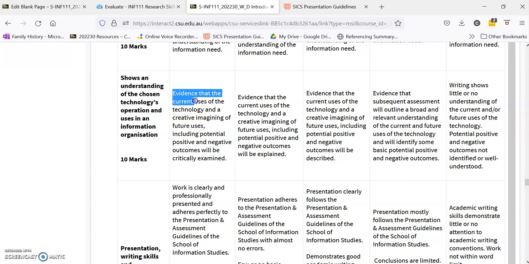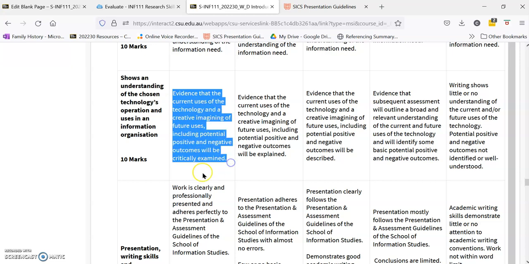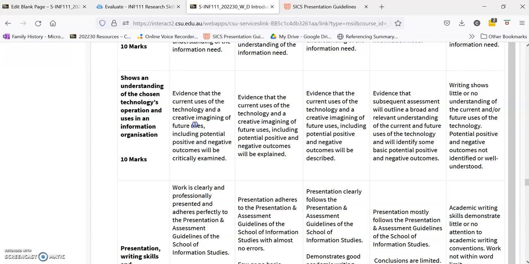Okay, so we want some evidence that you're understanding how your particular technology will be implemented in your chosen organizations, and thinking about positives and negatives. So obviously an introduction is a short piece. It's not very long. So you have to edit carefully. You have to choose your words carefully, and you have to be very clear what you will talk about when you do your actual paper. So that's another 10 marks.